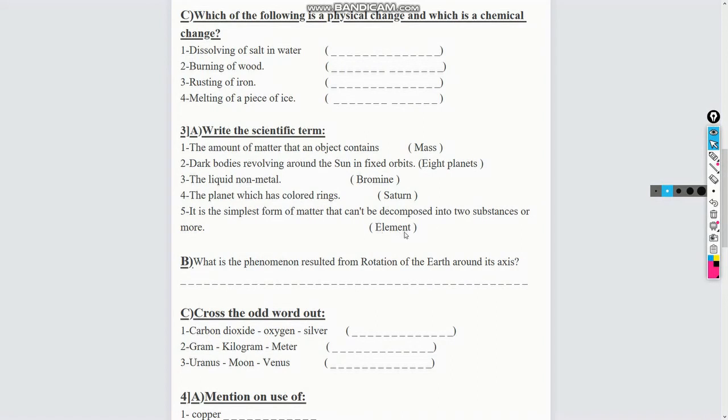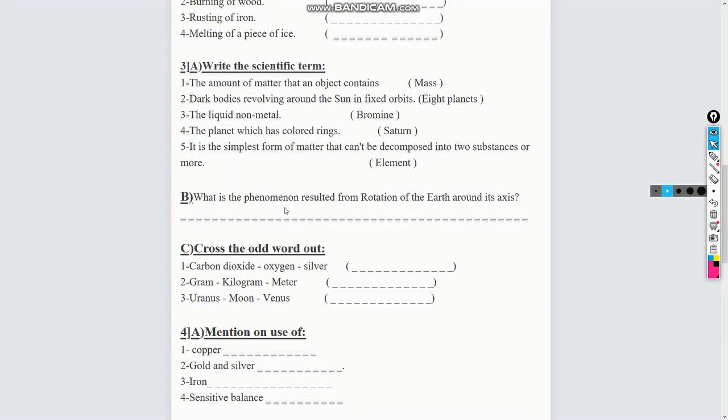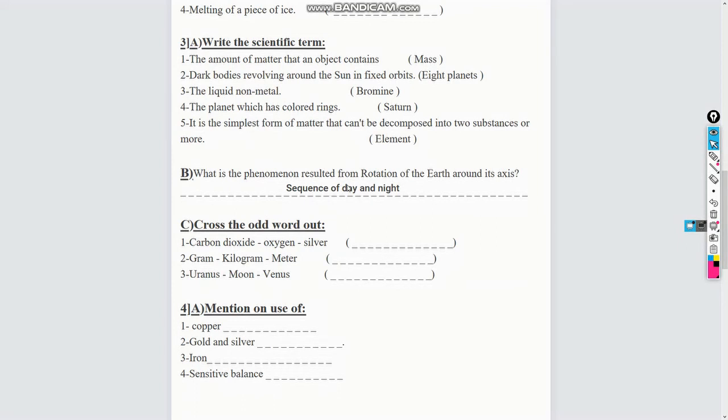Yes, it's element. Correct. Next question. What is the phenomenon resulted from rotation of the Earth around its axis? Yes, the phenomenon is the sequence of day and night.